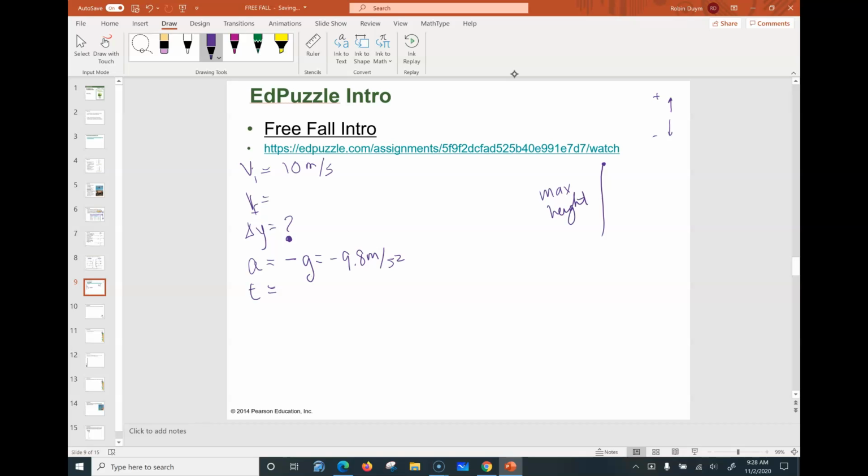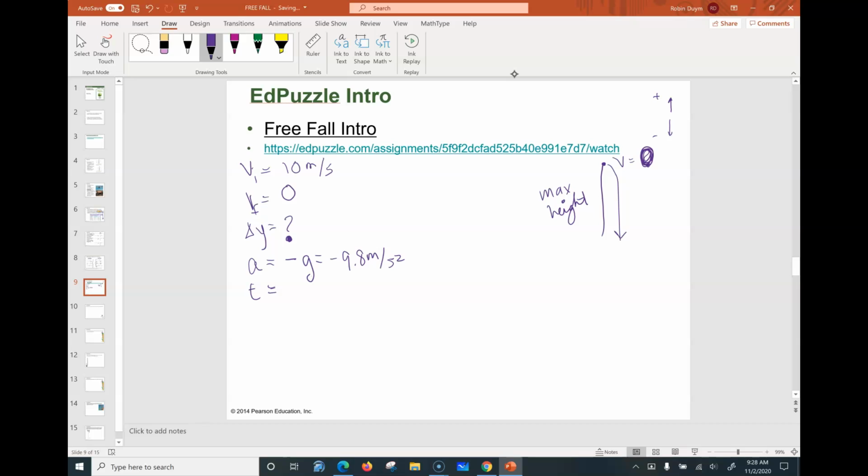And if you think about it, it's going to slow down all the way until it reaches this maximum height, and then we know it's going to come back down. So what's its velocity up here? Once it reaches its max height, its velocity is going to be 0. So I know that third piece of information.